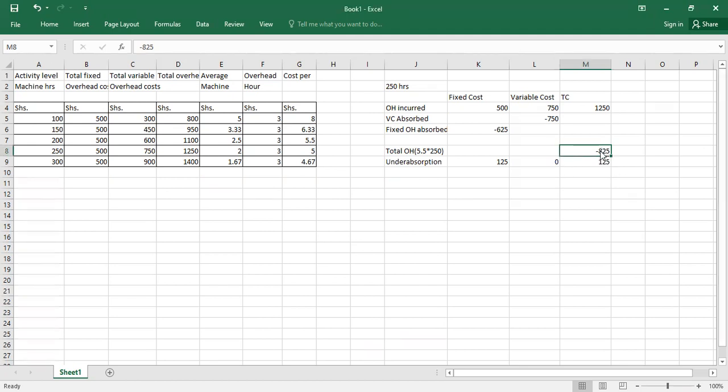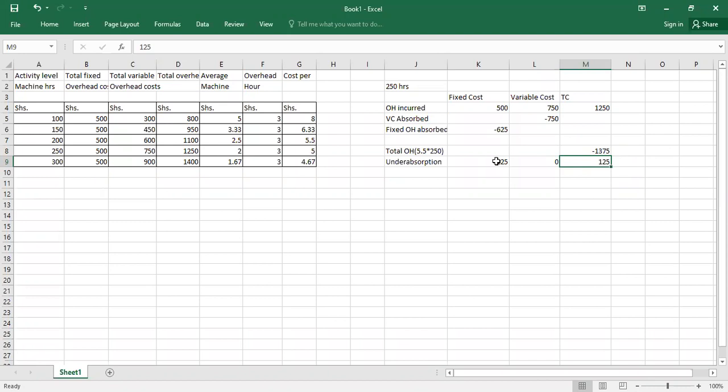So we go on, we are getting 825. So 1375. I want now to negate. This one will give me minus 125. I'm now getting an over absorption, isn't it?